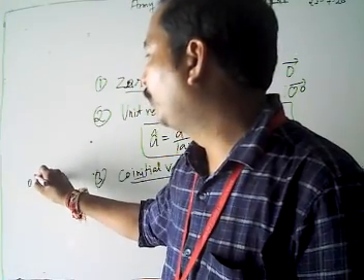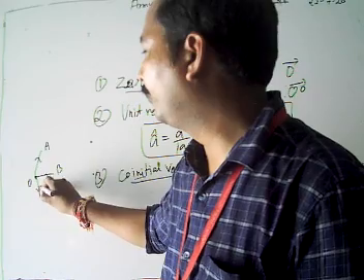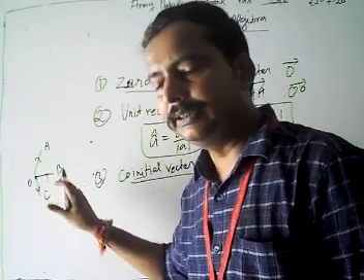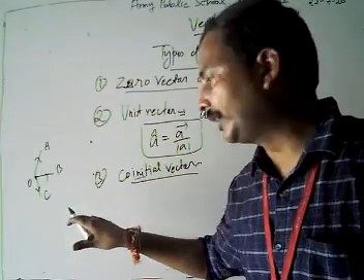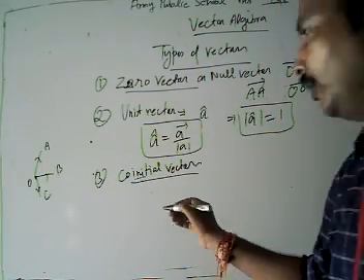Just suppose O, we have A, B, C, then vectors OA, OB, OC are three vectors known as co-initial vectors. Then the next one is collinear vectors.